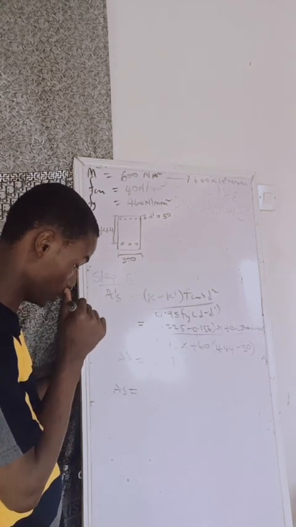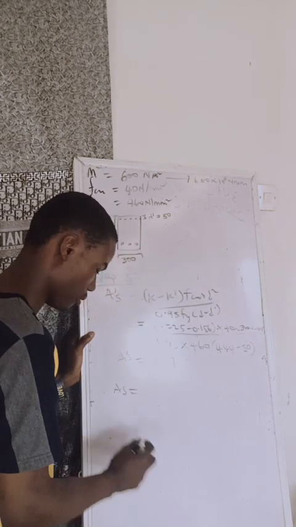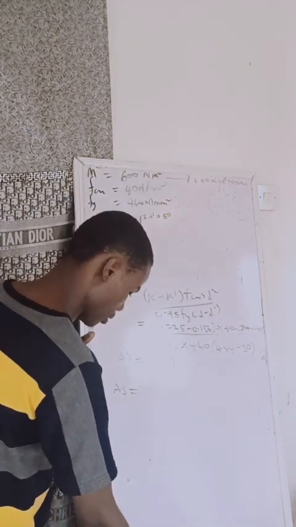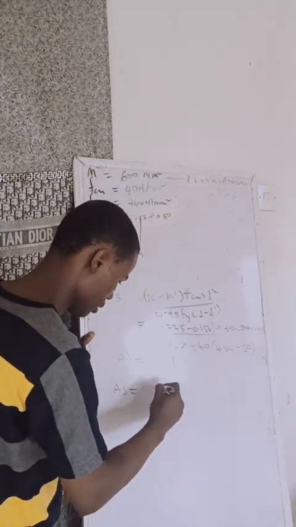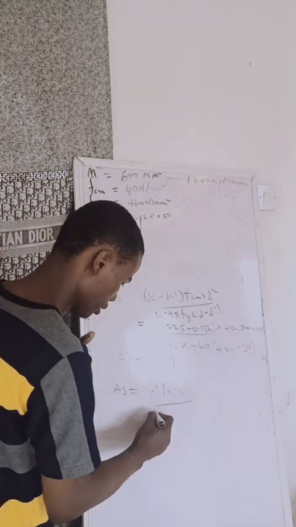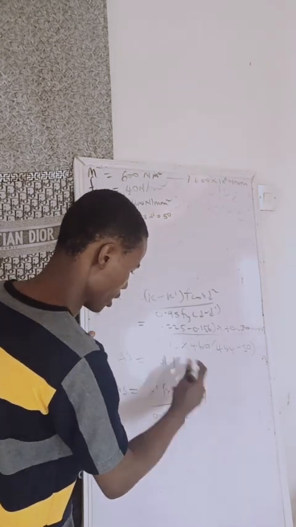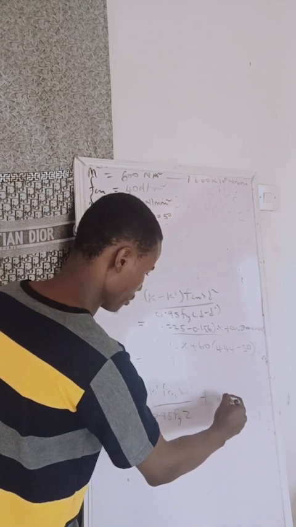So then you can proceed to As, which will be, I've given you the formula also, so you can check the formula book. Our As should be K prime fcu b d square all over 0.95 fy z plus the answer you get here, which is As prime.